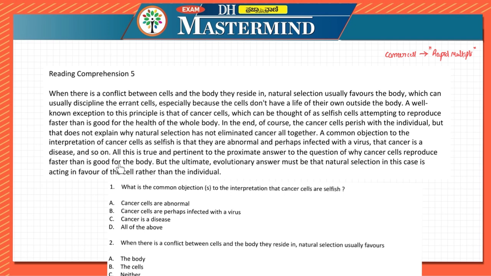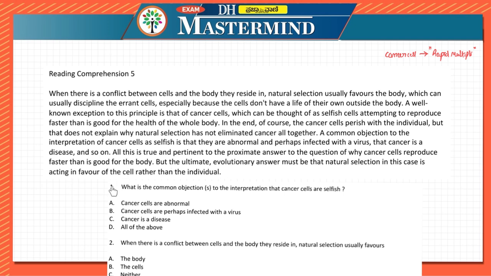Next one. All this is true and pertinent to the proximate answer to the question of why cancer cells reproduce faster than is good for the body. But the ultimate evolutionary answer must be that natural selection, in the case of cancer cells, is acting in favor of cells rather than the individual, that is, rather than the body.